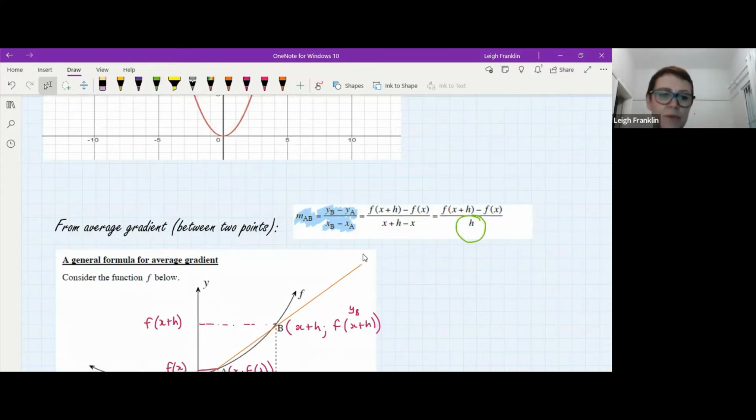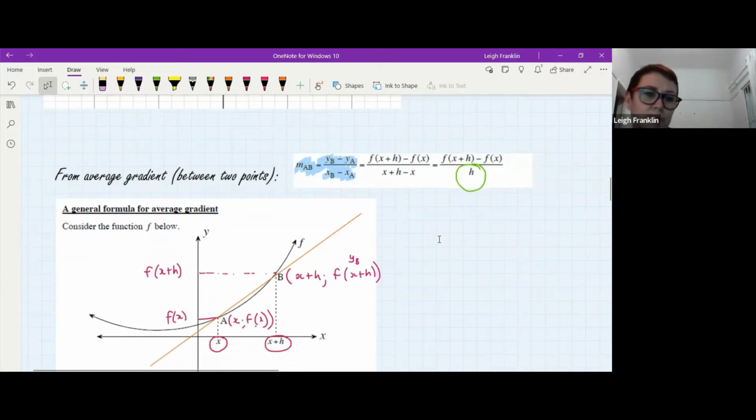Everything is going to be divided by 0. And if something is divided by 0, then mathematically it would be considered undefined. It would be undefined.